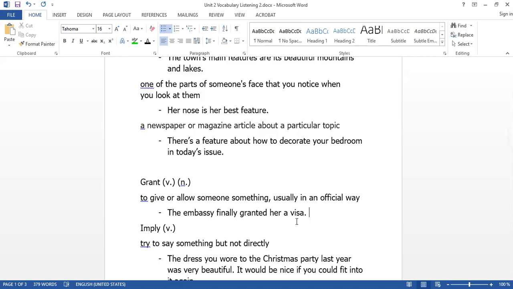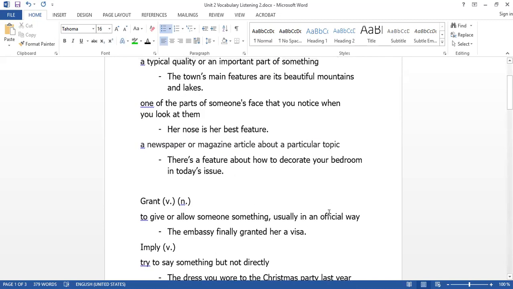So it's like they actually gave her the visa, same thing, but just more formal. Okay, the word grant.